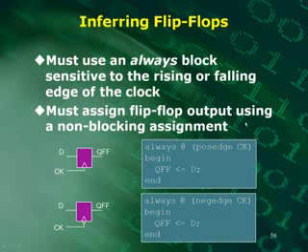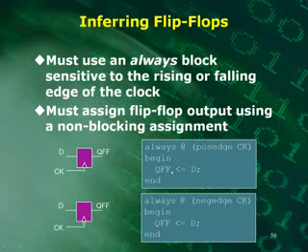Okay, so to do this, you want to be able to infer flip-flops, and the way we infer flip-flops is we use an always block, and it has to be sensitive to the rising or falling edge of the clock. And we must assign flip-flop output using a non-blocking assignment, not the equal, but this notation right here, non-blocking. Okay, and here's our either posedge clock or negedge clock. So this type of statement is what describes a flip-flop.